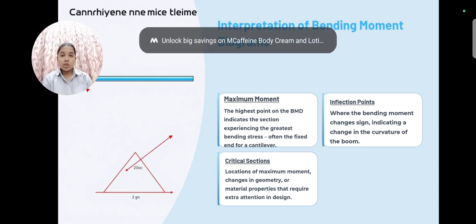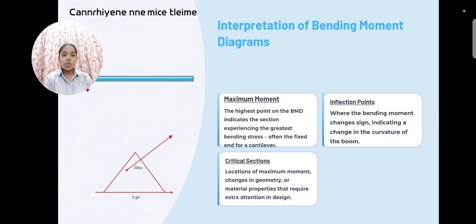Then critical sections, meaning locations of maximum moment, changes in geometry or material properties, that require extra attention in design. Then inflection points, where the bending moment changes sign, indicate a change in curvature of the boom.